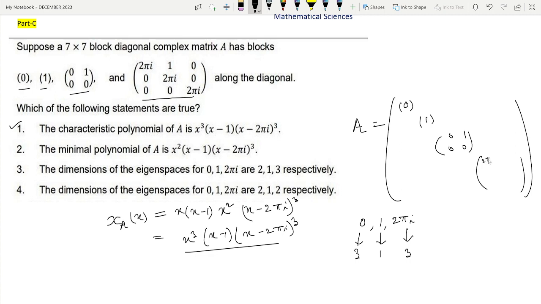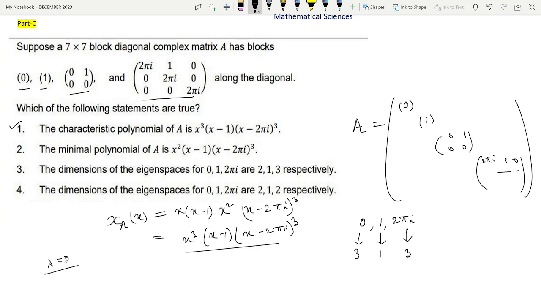So now, for the eigenvalue lambda equal to 0, what is the size of the largest block corresponding to this eigenvalue? See here, there are 2 blocks corresponding to 0, and the size of the largest block corresponding to 0 is 2.